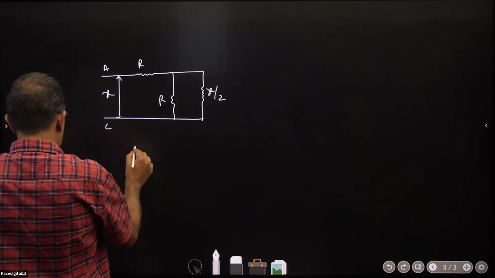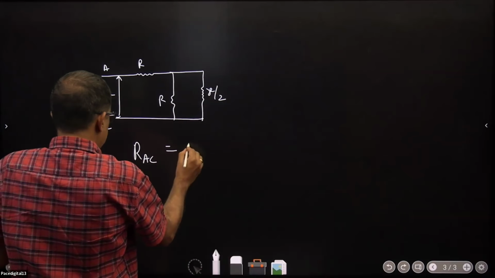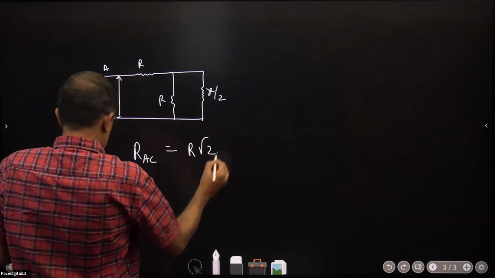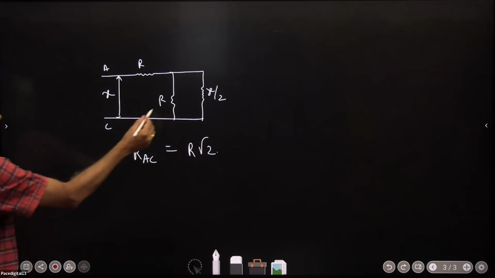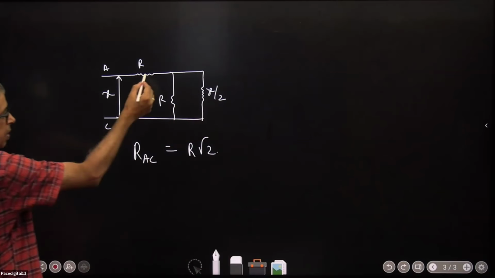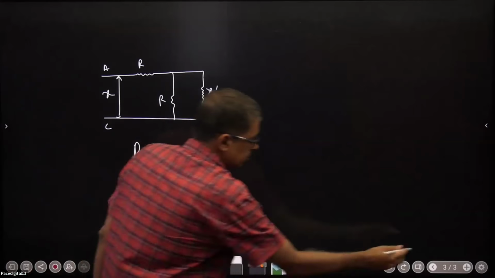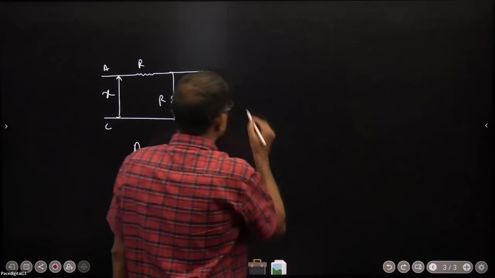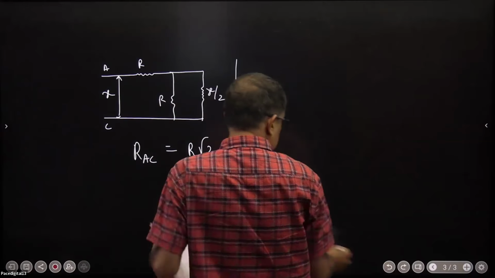Right? So this when you calculate RAC will be equal to R root 2. You obviously know what is to be done. These both are in parallel, that is in series with this. Right? The second part of it again is RBC.